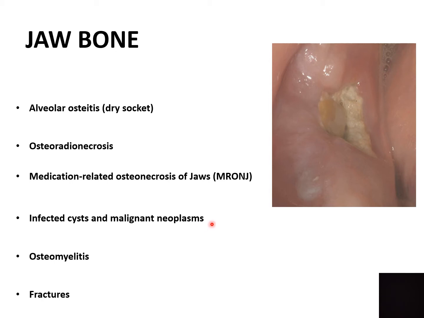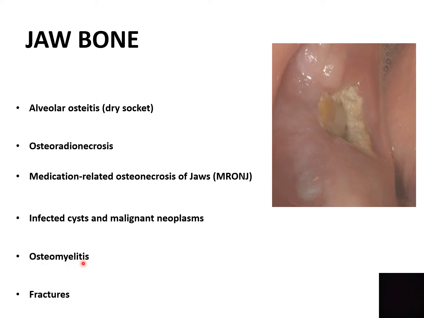Infected cysts and malignant neoplasms involving the jaw bones may also present with pain. An infected radicular cyst, for example, is a classical one. Similarly, malignant neoplasms of the bone. In terms of specific infections, osteomyelitis may result as a complication of periradicular infection or trauma, or it may be related to specific types of bacterial infections such as actinomycosis.